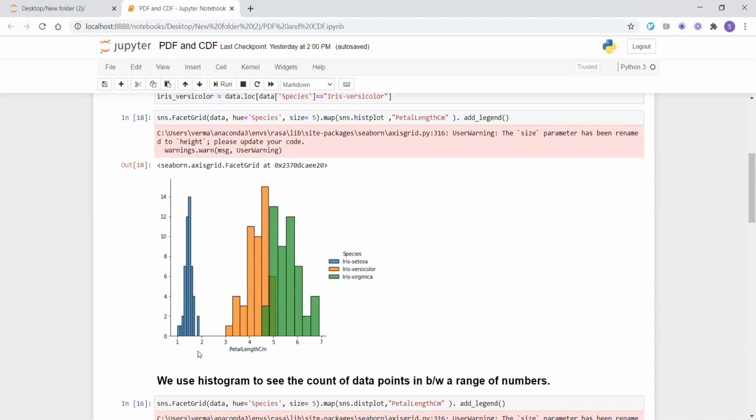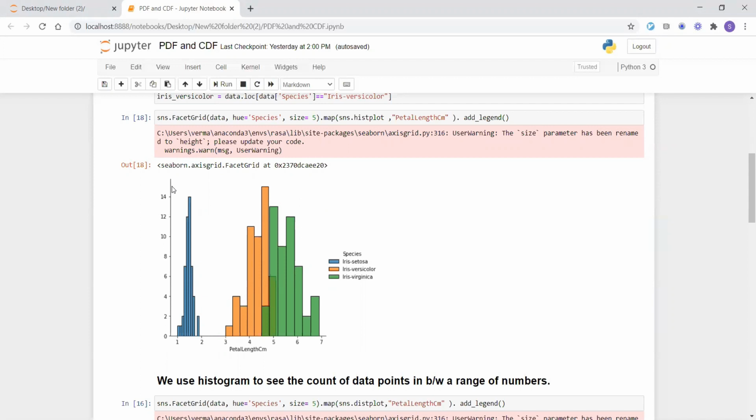I have plotted a histogram out of the species. The x-axis is representing the petal length, that is in centimeters, and the y-axis is representing the counts. We use a histogram to see the count of data points in between a range of numbers.